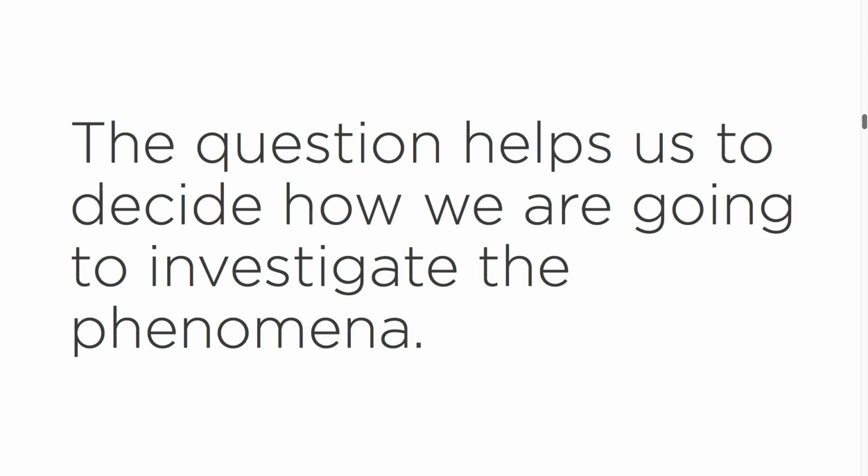So the question helps us to decide how we are going to investigate the phenomena, if it's more than one, or the phenomenon, if it's just one occurrence or one observation that we're making. And by the way, it's just the observations that we make with our eyes, with our sense of taste, sense of hearing, sense of touch.